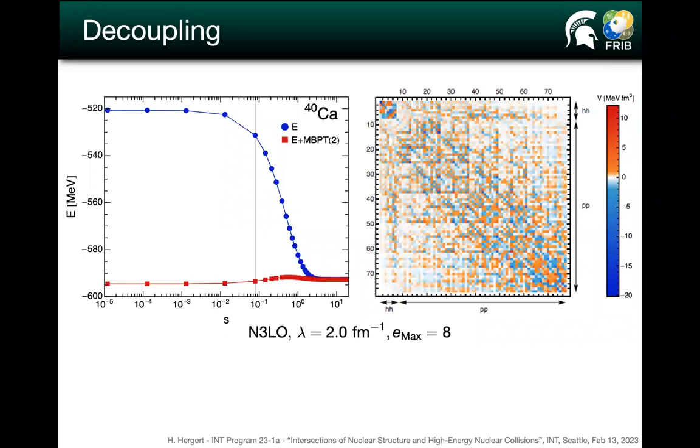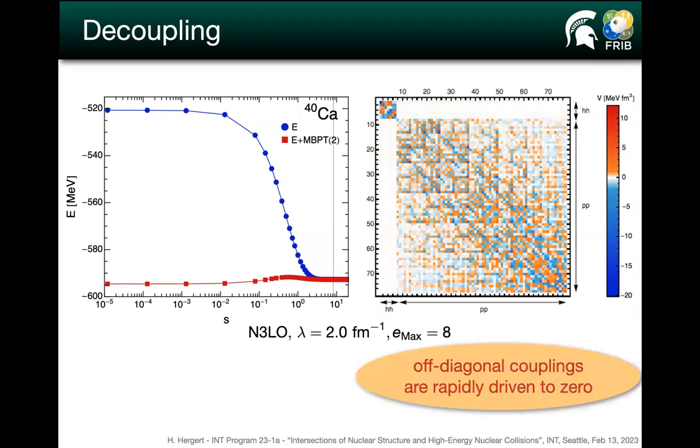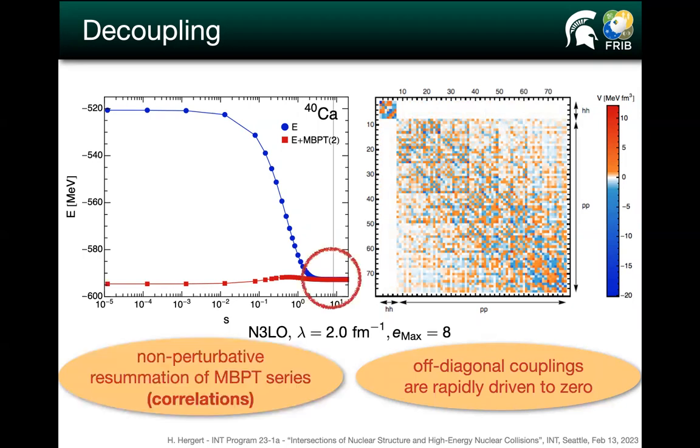Now I can start the evolution, which is shown by this red-gray bar moving through the left plot. And you can see as I evolve with the in-medium SRG, these couplings that are defined to be off-diagonal are driven to zero. And then all the energy that I would have gained from perturbation theory has been summed into the operator itself.